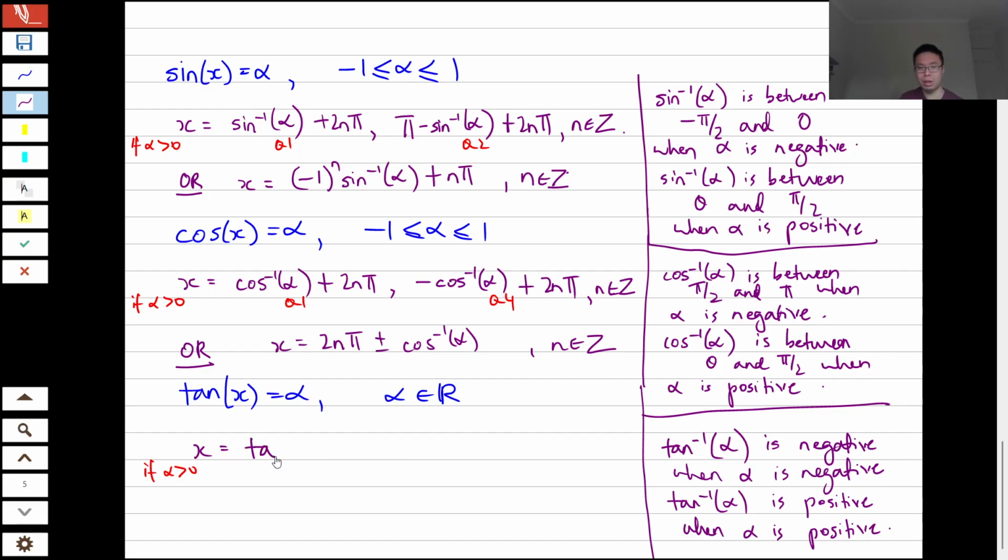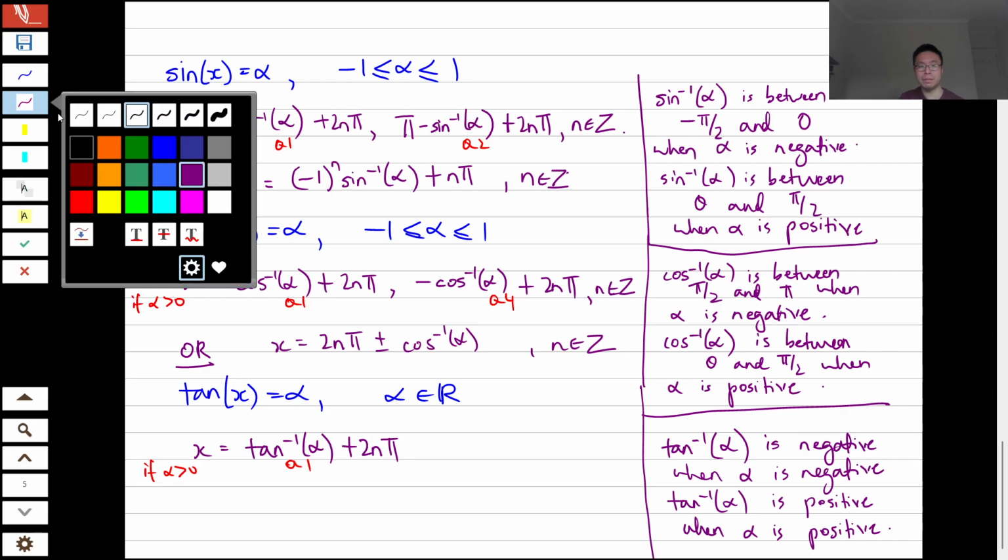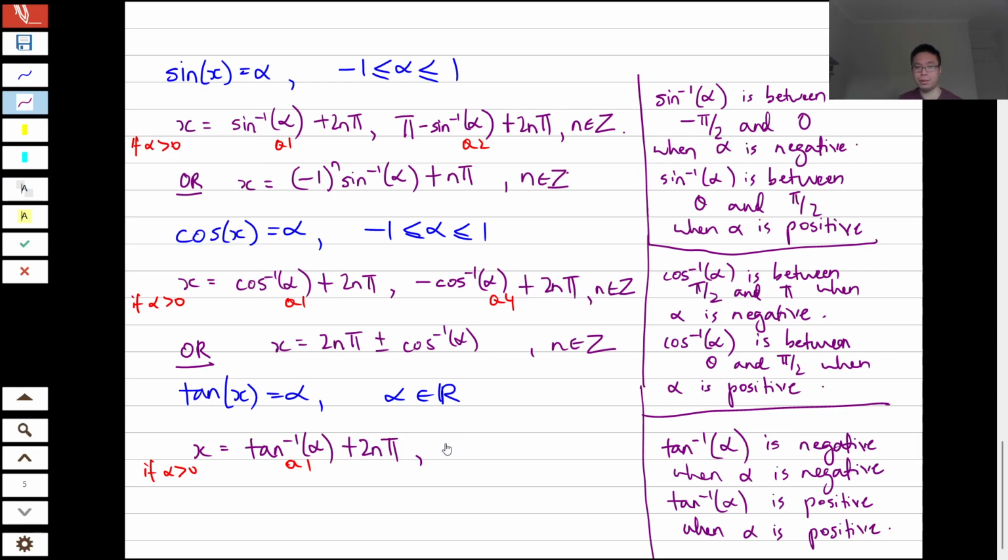So first, we have inverse tan of alpha. That gives me my solution in quadrant 1. And of course, I can add 2n pi. Or I can have pi plus inverse tan of alpha. That gets me to quadrant 3. And then I can add 2n pi as well.